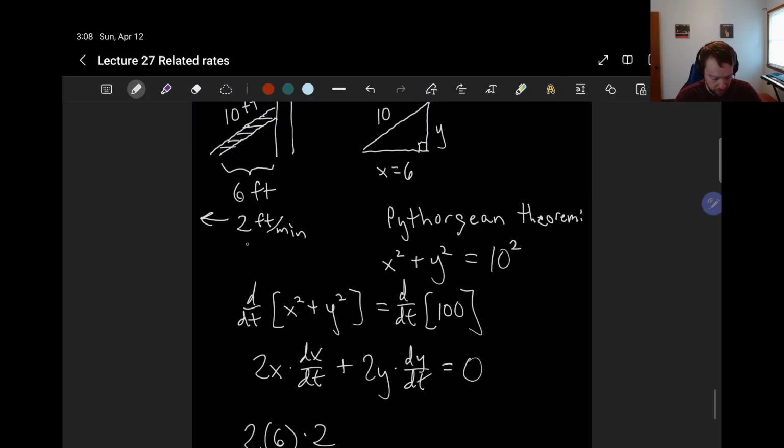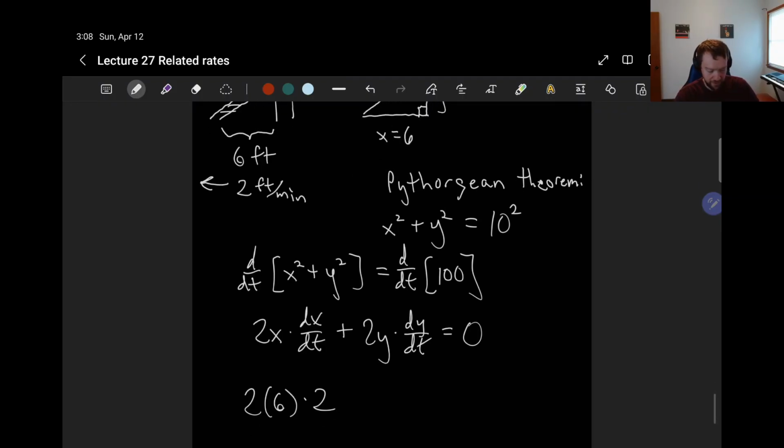So my picture was just a little misleading in that we're moving to the left in the x direction, but it's still the case that x is increasing, because x is this horizontal distance. So that matters because that's going to affect our final answer.